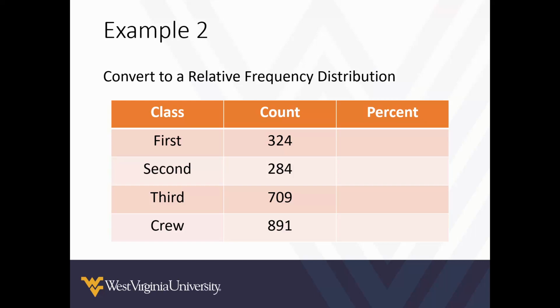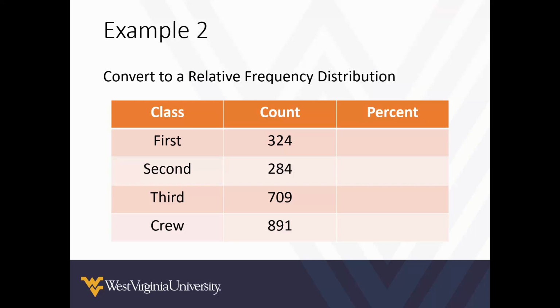In first class we had 324, second class 284, third class 709, and for crew we had 891. To calculate our relative frequency percent, we need to know the total number of passengers.